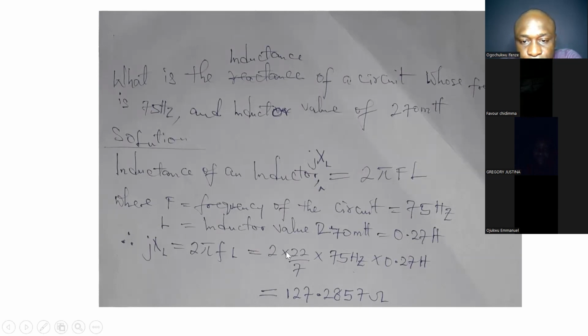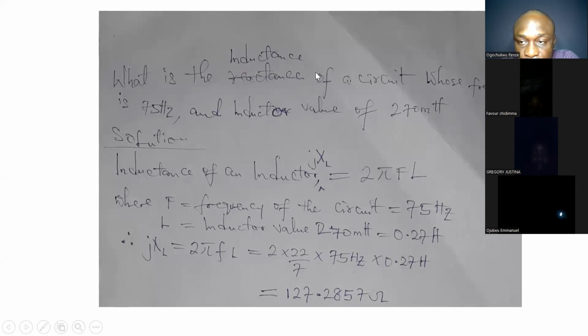So when we input these values, what we got as this inductance is 127.2857 ohms. If you look at this place, you will see where I wrote reactance. Why I have to cancel it is that this one is particular to inductor. But when you have inductor and capacitor in a circuit, that is when you attribute reactance.